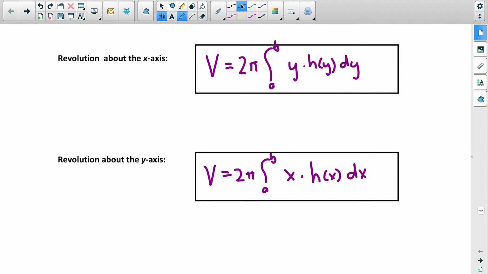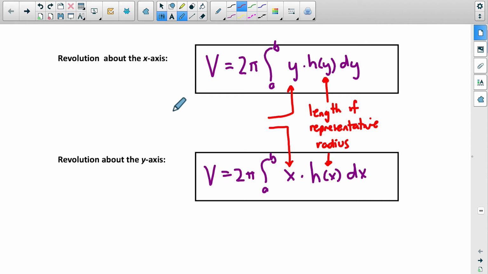So let's explain some of this. First of all, the h of y or the h of x is a function that describes the length of the representative radius. Now, the y and the x refer to the distance from the representative radius to the rotational axis.